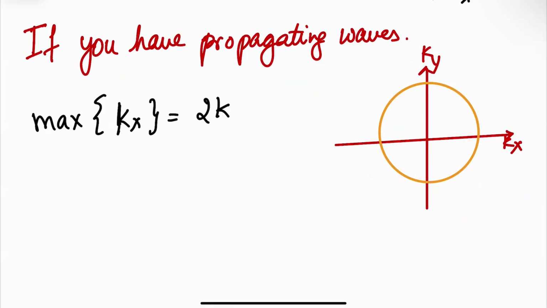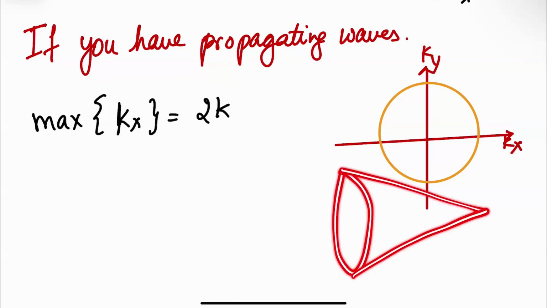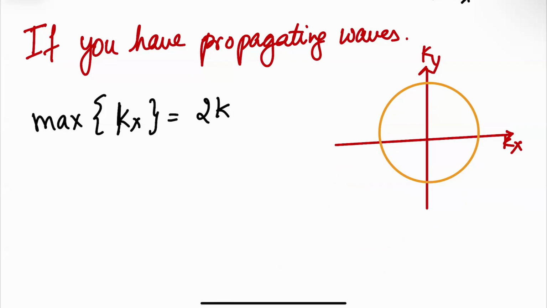Then if I look at the smallest value of delta x, which means, let's say I have a lens, and this lens is focusing these waves down to a single spot, right? Then at that spot, the maximum k you can have can only go from minus k to k in the x dimension.